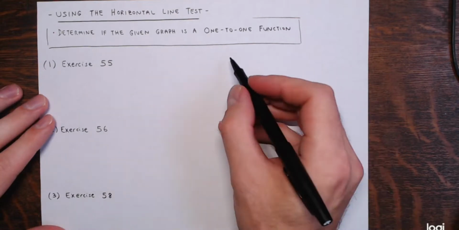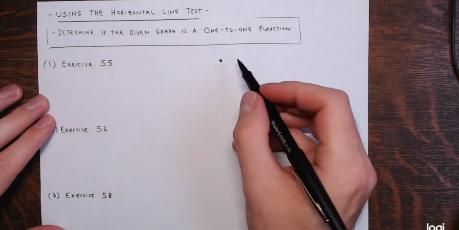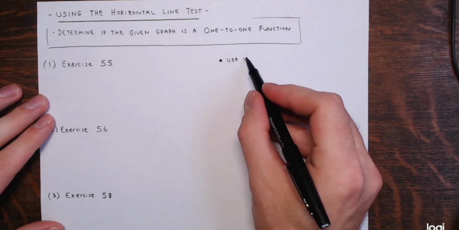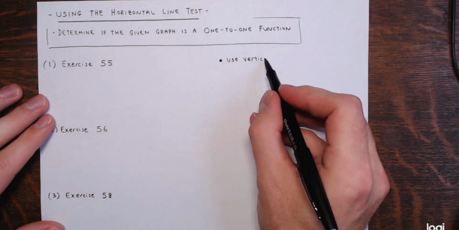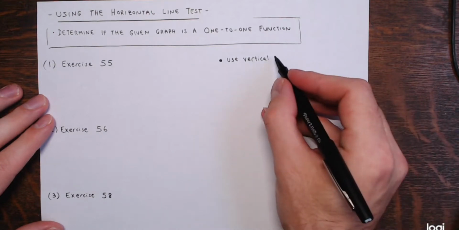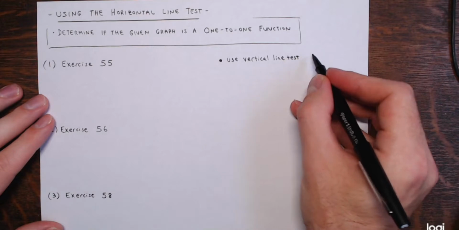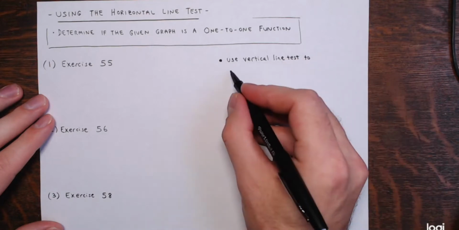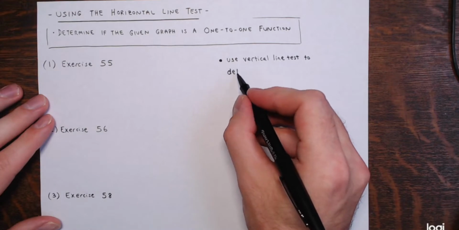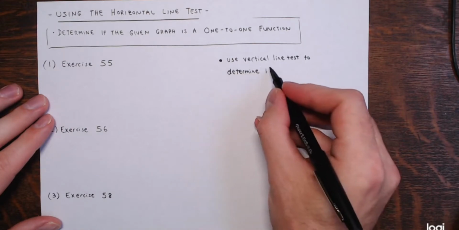The first thing you should do, before even using the horizontal line test, I would say, is use the vertical line test first, which I did discuss in a previous video on using the vertical line test. First, I would use the vertical line test to determine if it's a function first off, to determine if y is a function of x.